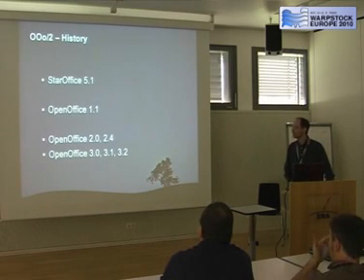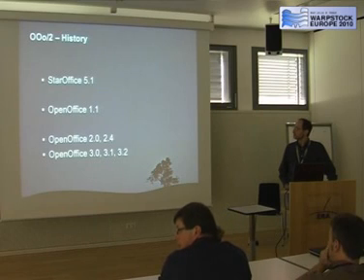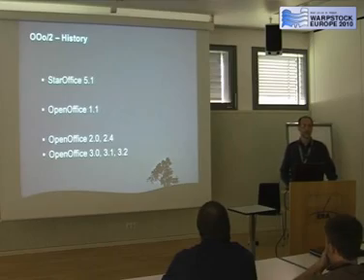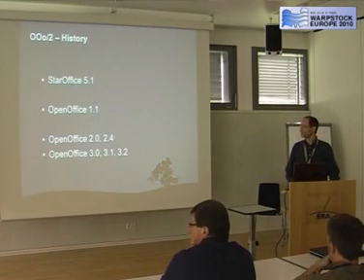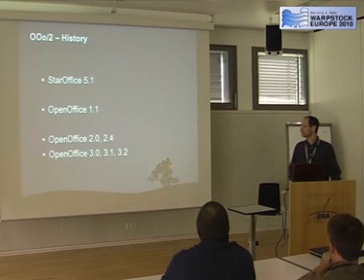Okay. We had many releases of StarOffice and OpenOffice. I am talking about StarOffice because StarOffice is the base for the development of OpenOffice. The main core files are still the same. I mean, the core of OpenOffice is still working as it was working in StarOffice.